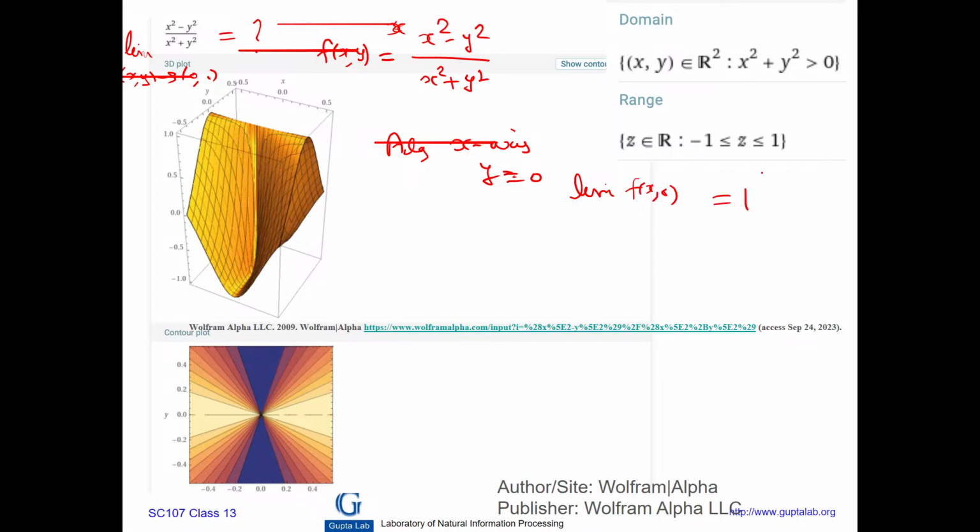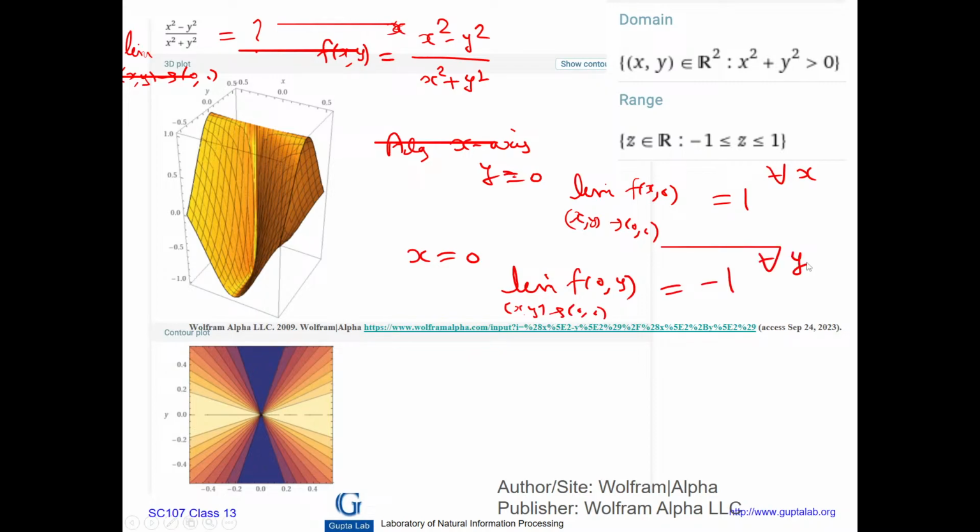This is true for every x. And along the y-axis, when x is equal to 0, the limit of f(0, y) is equal to minus 1 for every y. Right. So therefore the limit does not exist.